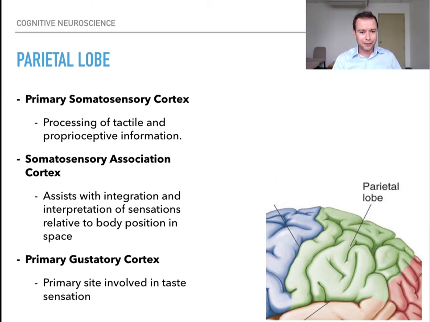It receives various inputs regarding touch, pain, temperature, and other senses. Regions of the parietal lobe also integrate an understanding of where your limbs are in space. This is something we typically don't do at a conscious level, but we're constantly processing exactly where our arms and our feet are in space relative to other objects in the environment around us, something known as proprioception.